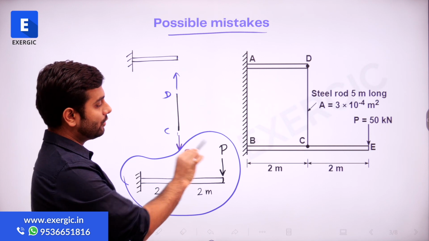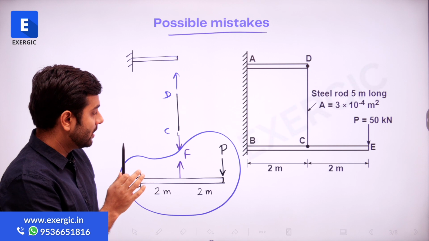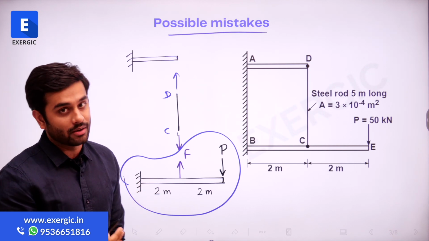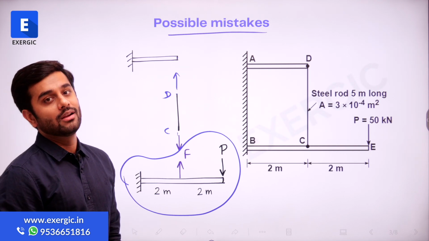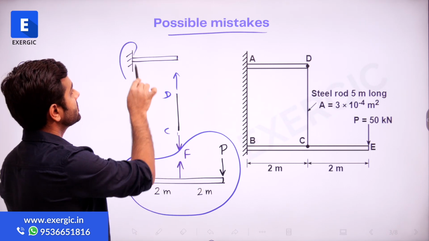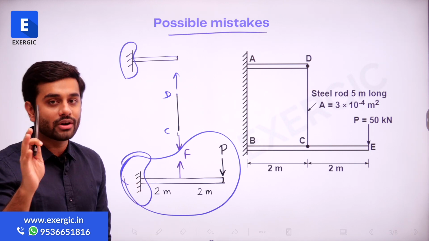So we know this value of P, 50 kilonewton. So it makes sense to start from here. What students will do is that they won't draw the complete free body diagram. As you can see, I said that I have drawn free body diagrams here, but in reality I have not drawn the free body diagrams. The support is not removed yet from there, and from here also the support is not yet removed.